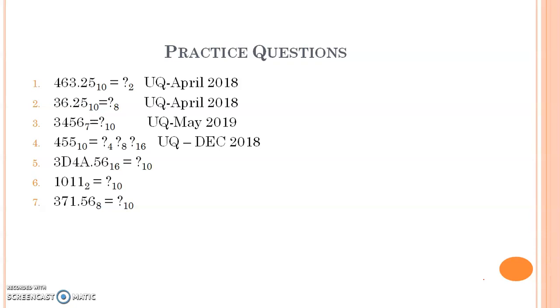If you want to convert base 4 to decimal, multiply with powers of 4 and then add up the products. Base 3 to decimal, multiply the digits with powers of 3 and then add up the products. Okay, so for any base to decimal, keep in mind, you have to multiply with powers of the base and then add up the products.